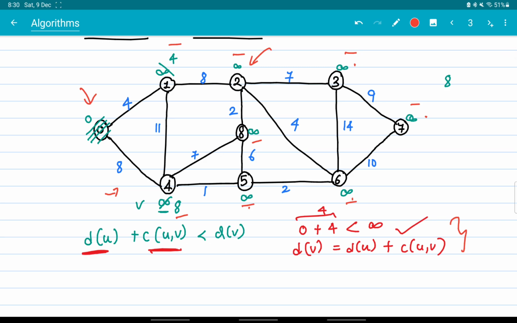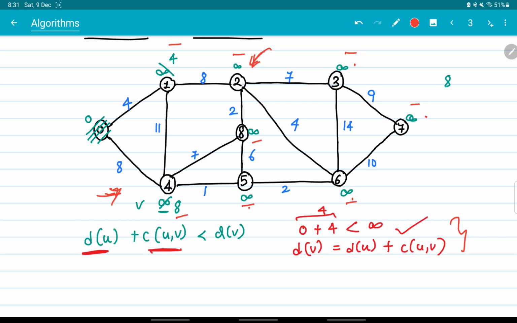And now I'm going to consider these 3 vertices. But one more thing that I have to consider here is the visited vertices. If you can see here, 0 I've already cut because 0 is a visited node, already visited. The nodes that are already visited, we should not consider, as I already told in the starting. So I'm not going to consider this part and I'll consider only the vertices 2 and 4 and update their distance values.